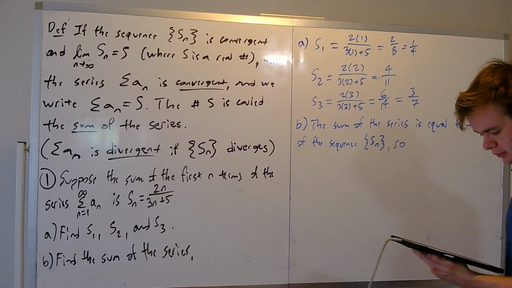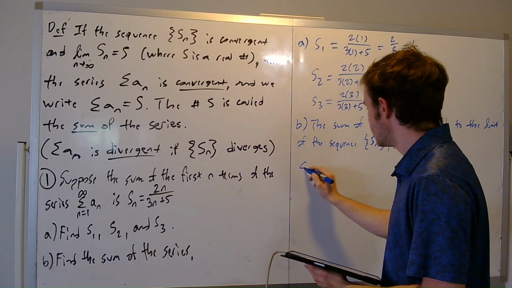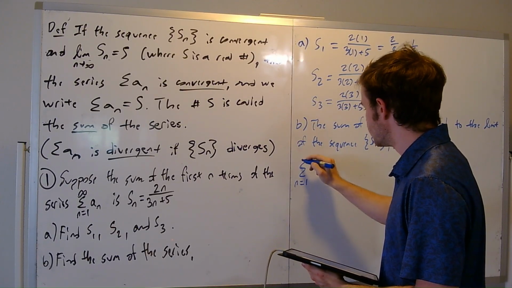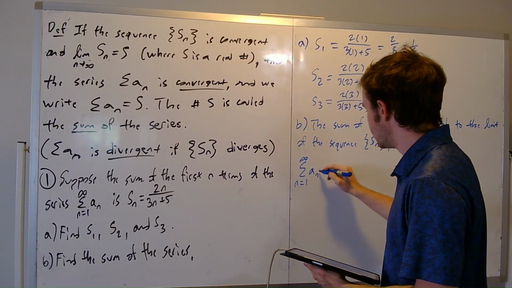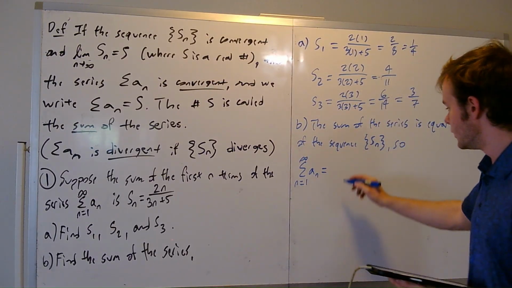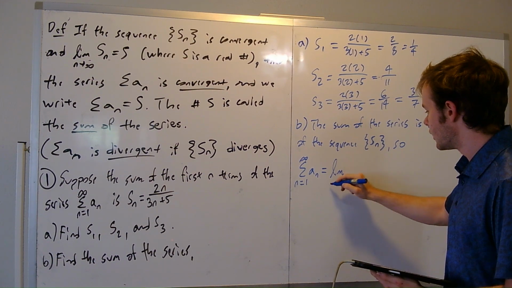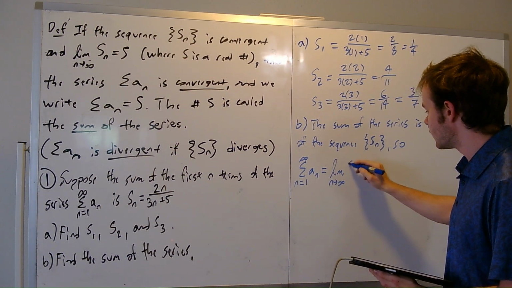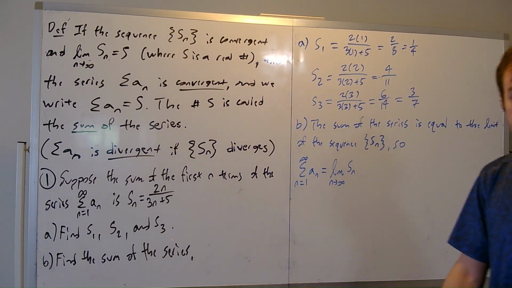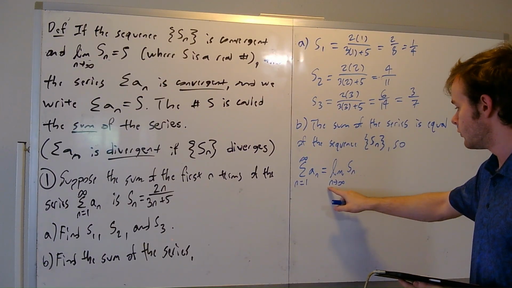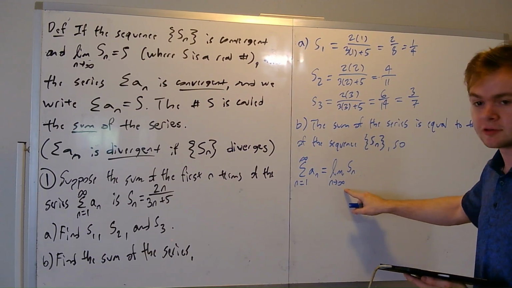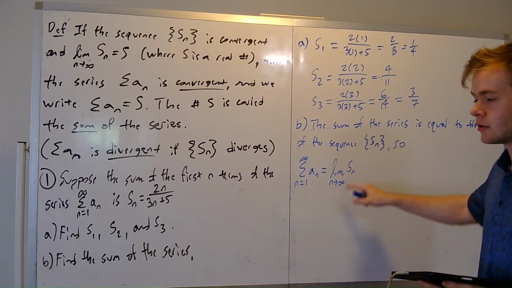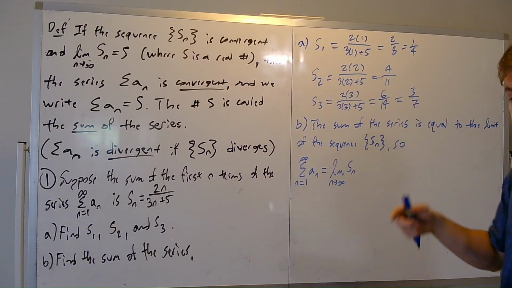So if we write that, the sum from n equals 1 to infinity of a_n is the limit as n goes to infinity of S_n, right? Because S_n is just adding together the first n terms. If you take the limit as n goes to infinity, then this is adding together all infinitely many terms.